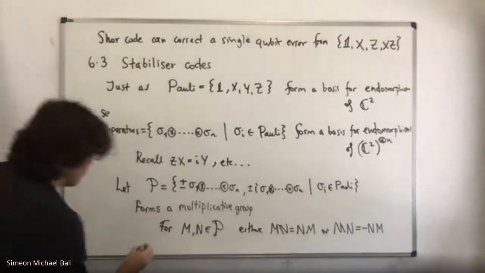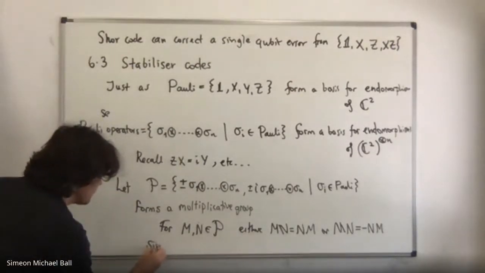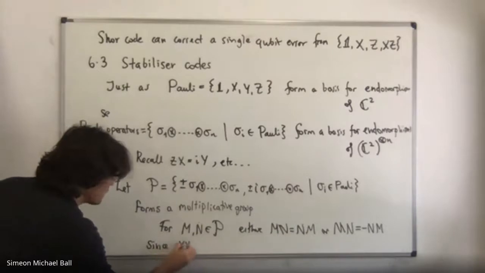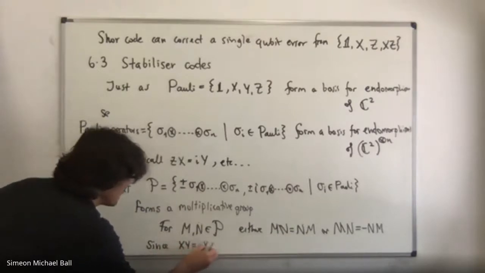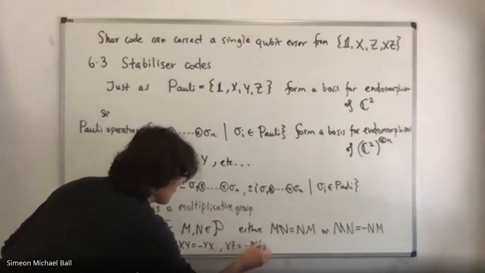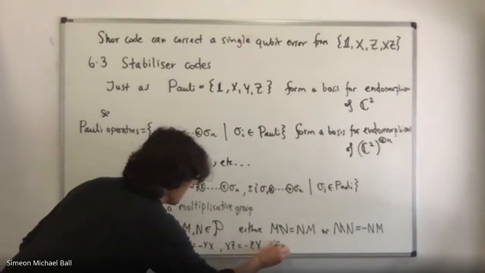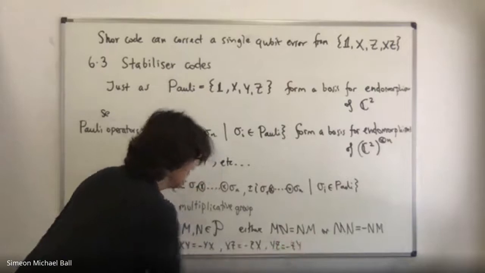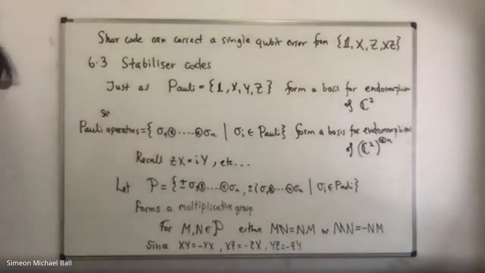And this is true for Paulis. So XY is equal to minus YX, XZ is equal to minus ZX, and obviously they commute with themselves and with the identity.